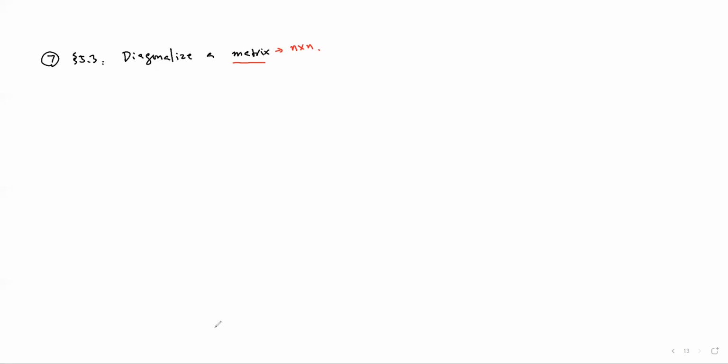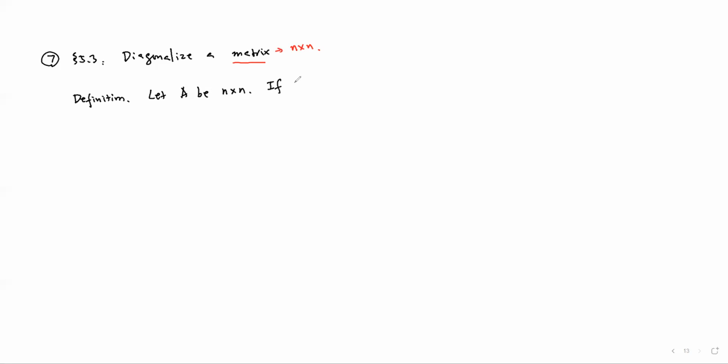The definition is important. How to diagonalize a matrix? Definition: let A be an n by n matrix.